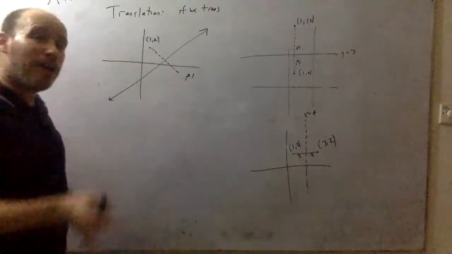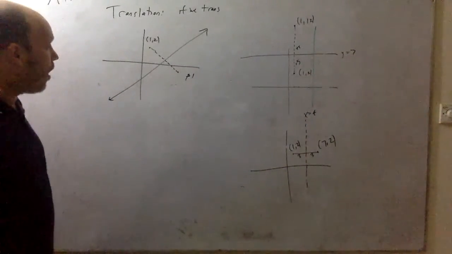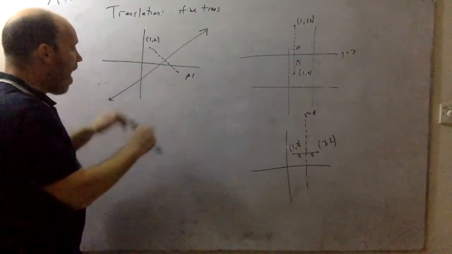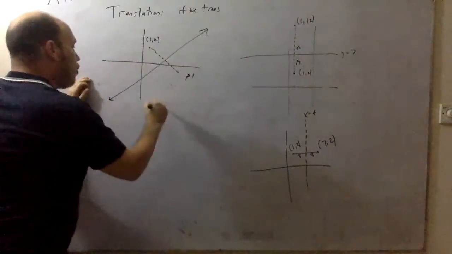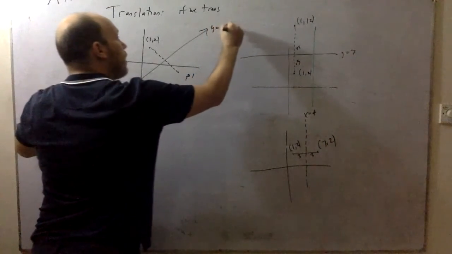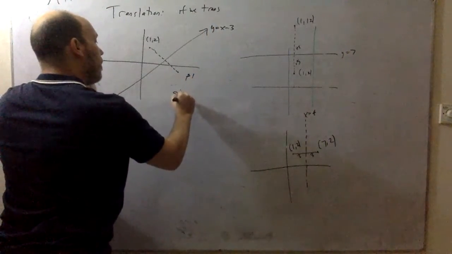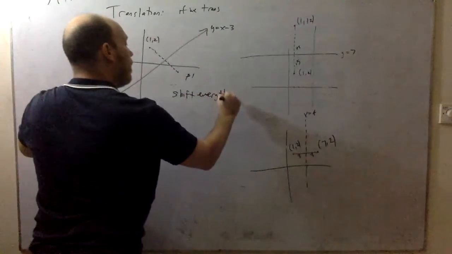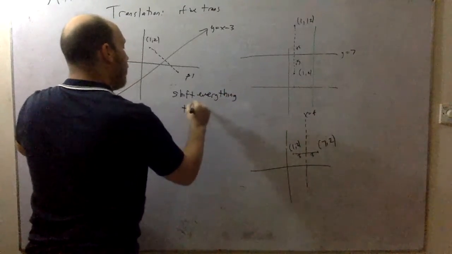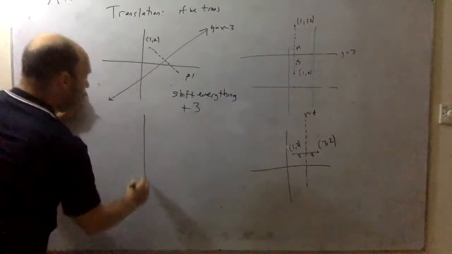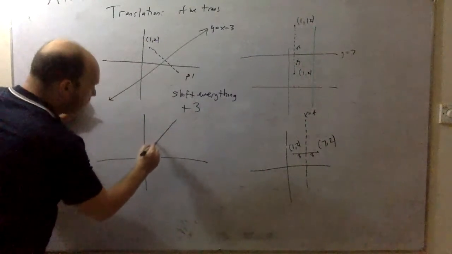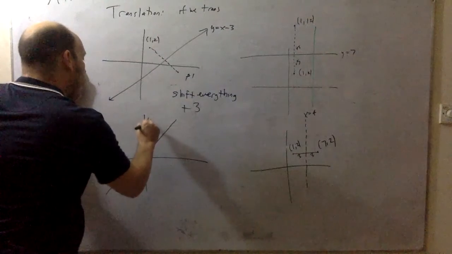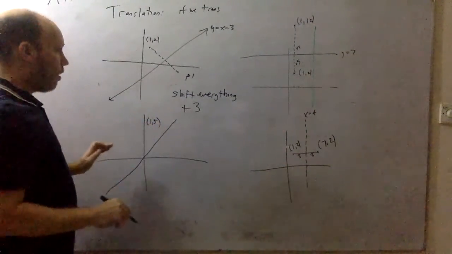Well, if you remember from the last unit, transformations. So you know what? I'm going to shift everything up 3. I'm going to move this entire graph up 3. So if this is the line y equals x minus 3, shift everything up 3. So my new graph is y equals x. That means that point has to go up to (1, 5).